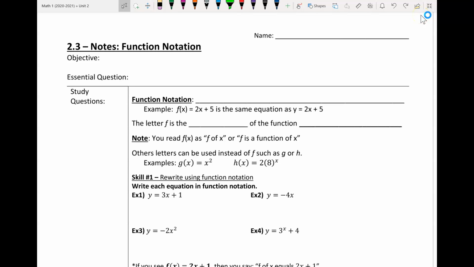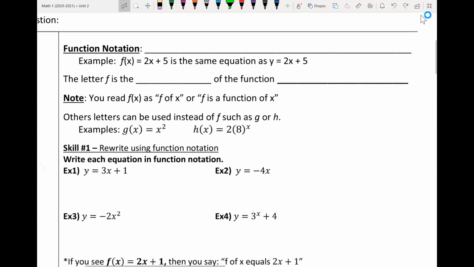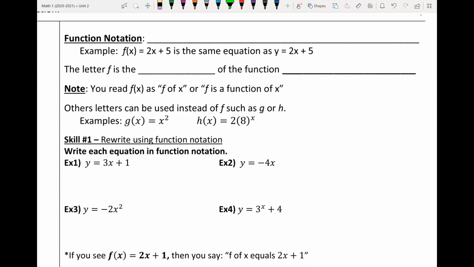In this video we're going to be looking at 2.3 notes, function notation. Function notation is when we use f of x instead of y. That's how we read it, f of x.